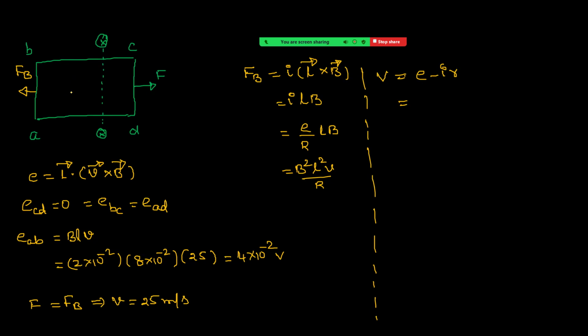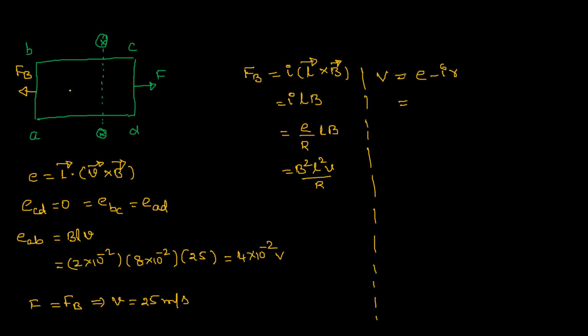That means the magnetic field due to the induced current must be inwards, because since flux is decreasing, it tries to oppose. Trying to oppose means it tries to increase it, so the field must be along the existing field.